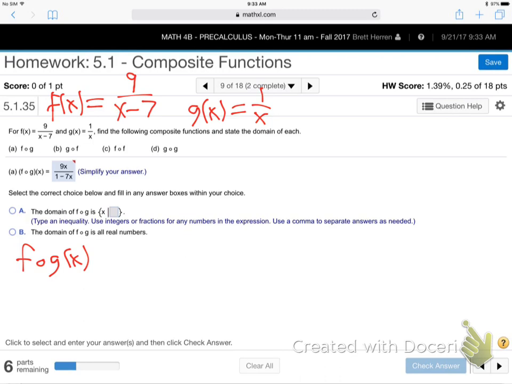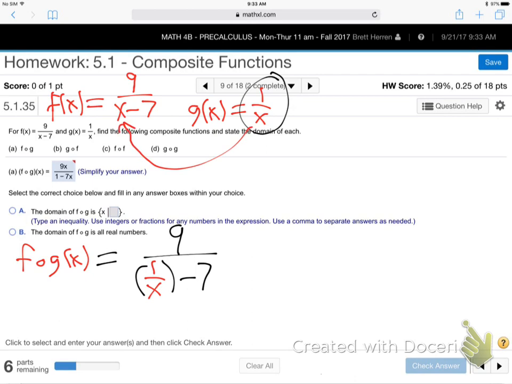So put all of g into f. Let's do that. All of this is going into f. Like that, right? And so you put in that 1 over x. Is that good so far? I just put all of g into f.